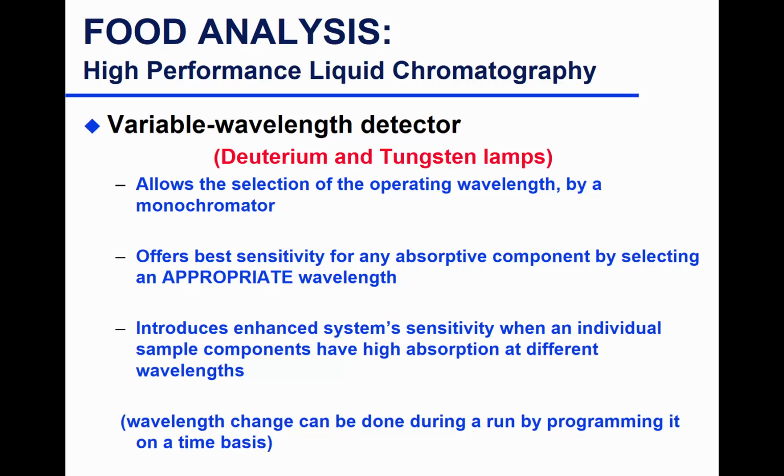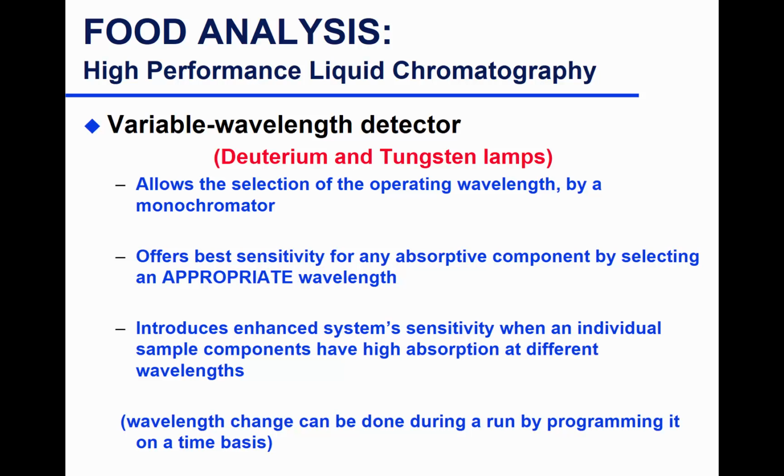But the variable wavelength detector allows detection of any wavelength in the UV-visible range. So how it works, you either have a deuterium lamp for UV detection or a tungsten lamp for visible light detection or absorbance. So the variable detector allows the selection of the operating wavelength.